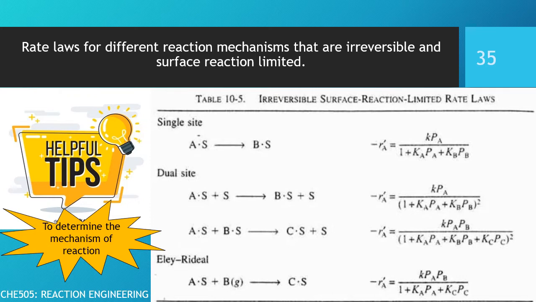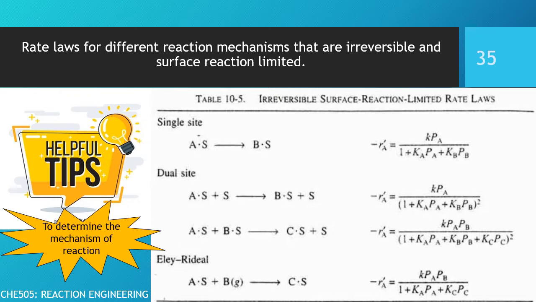But for irreversible, the numerator of the equation is very simple. What we need to look at is the denominator. Usually the case given is for irreversible surface reaction, but we don't know whether it is a single site, dual site mechanism, or irreversible mechanism.